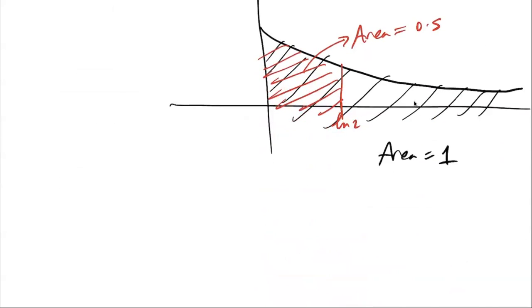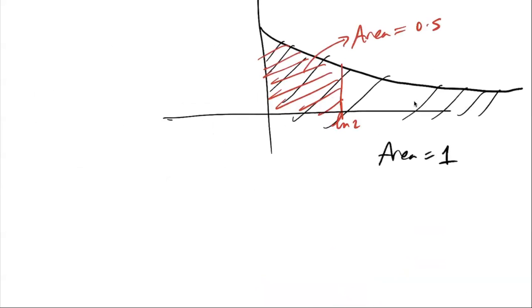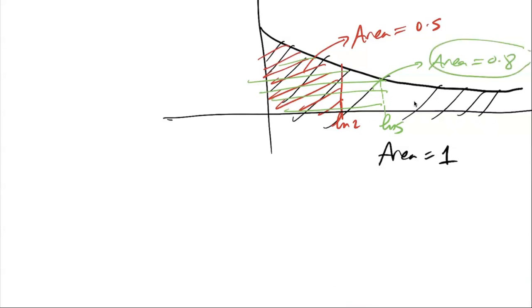So at ln 5, this area becomes 0.8 of the total area, which is 0.8 of 1, which is also 0.8.